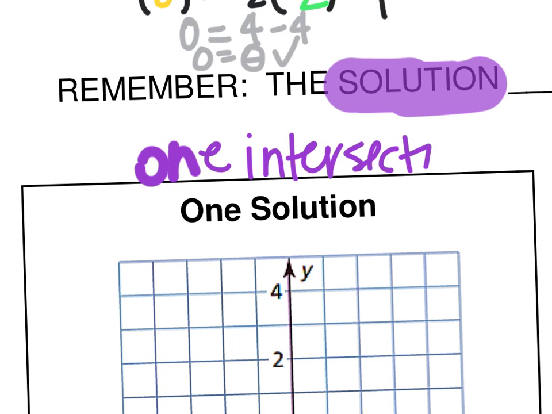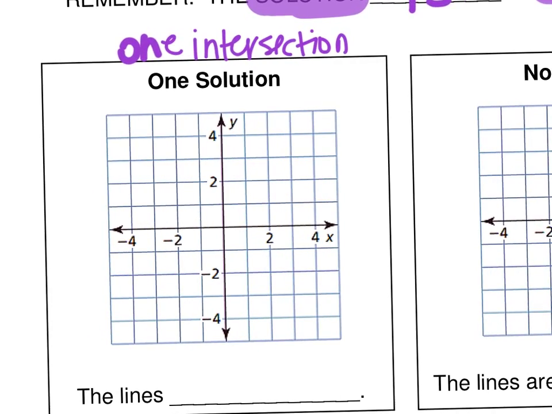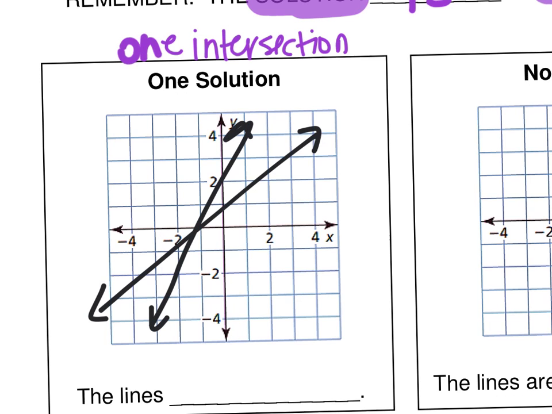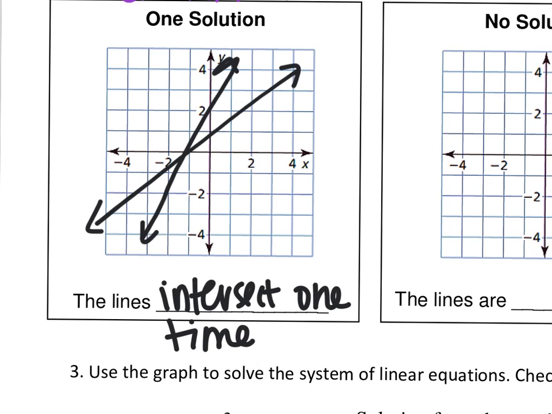To give you a visual, I'm going to draw two lines that intersect once. Here's one line, and here's my other line. Since these lines intersect one time, there is one solution, and that would be my solution.